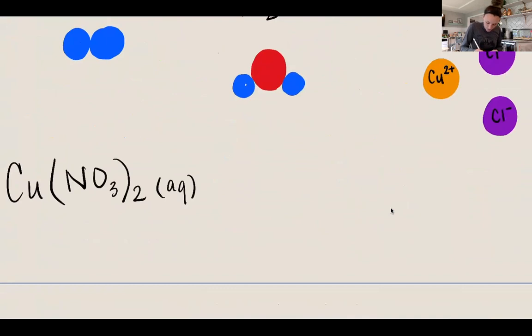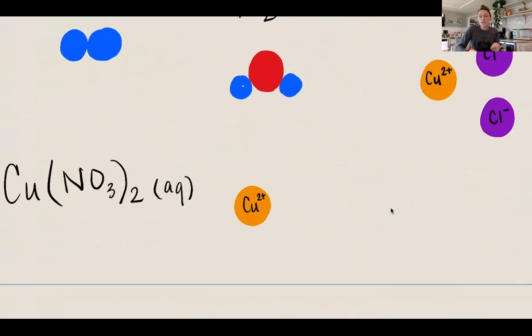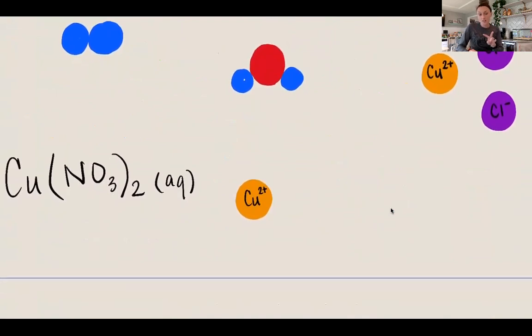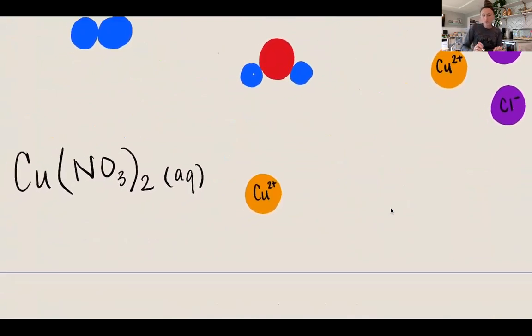All right, so when this dissociates, I'm going to get a copper ion. Remember, this is an ion. It's a copper with a charge of +2. And then it's going to dissociate into 2 nitrate ions. So this NO3 is a polyatomic ion. If you remember, the bonds that hold together a polyatomic ion are covalent bonds.